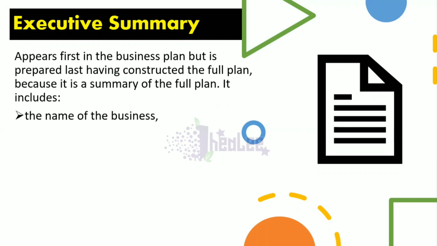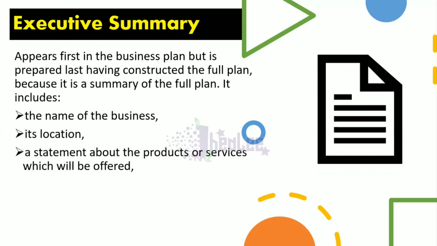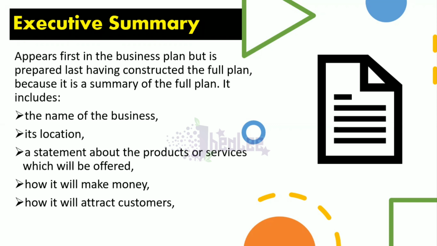It includes the name of the business, its location, a statement about the products or services which will be offered, how it will make money, how it will attract customers, and the amount of finance needed. I've extracted a sample business plan from the Oxford Principles of Accounts text, and I'll be looking at the executive summary section.